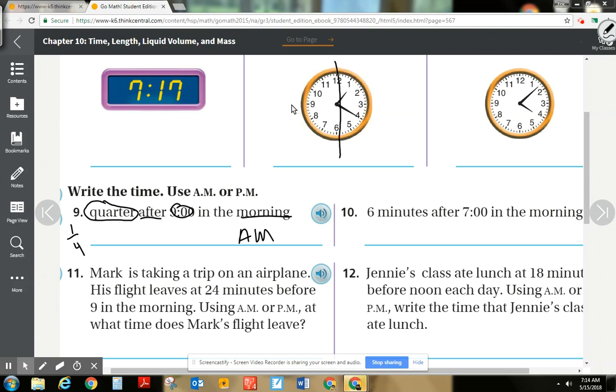So we're going to divide this 60 minutes up into 4 sections, because that's what a quarter is, 4 parts. So when we do this, we'll notice that now our 60 minutes is into 4 sections. It's not perfect, but it'll be okay.